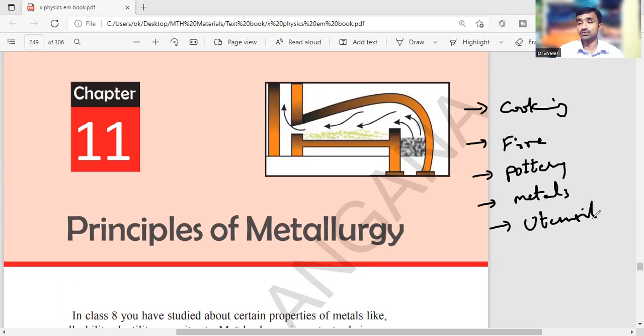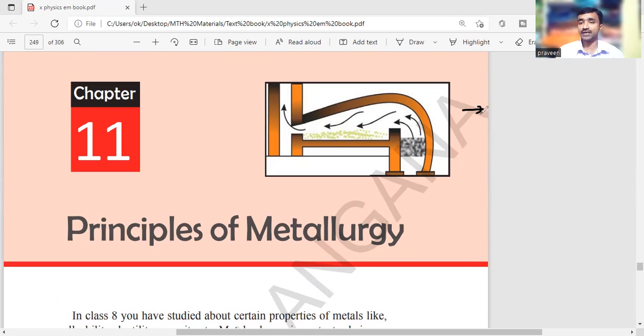So in the civilization process, they kept increasing their facilities. One of the advantages is they learned to use metals, and that changed their life completely.